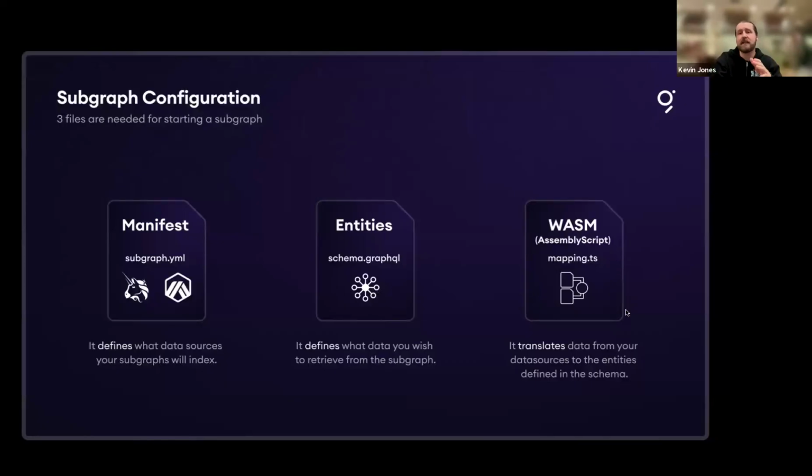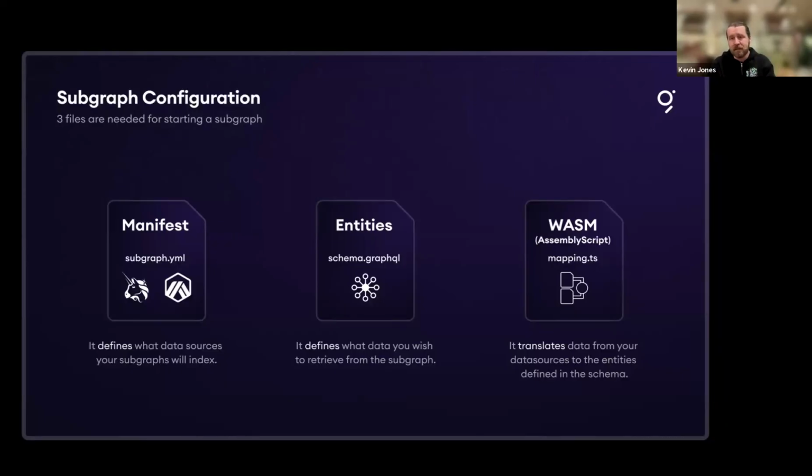And then the very last thing is the handlers. The way The Graph works is it uses WASM. WebAssembly is basically an optimized, fully encapsulated, very secure way to do some kind of processing on the web. So WebAssembly, and we use AssemblyScript to do all of our processing. AssemblyScript is very similar to TypeScript.